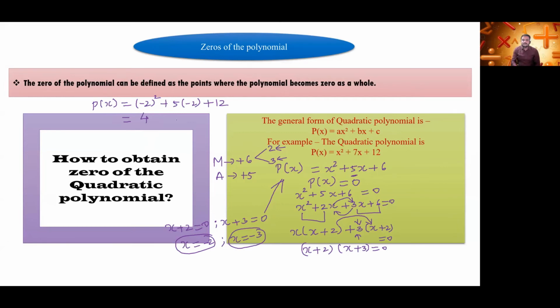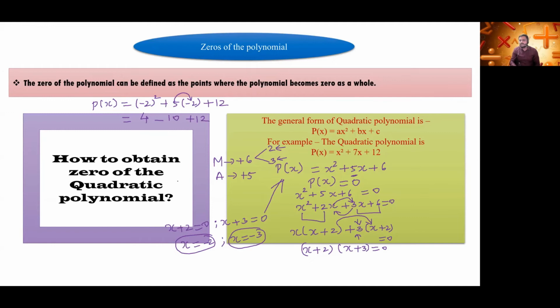Okay. So +4, this will become 5 into -2, it will become -10, and this is +12. Is there any mistake? I guess. So what we are getting here? 16 minus 10.